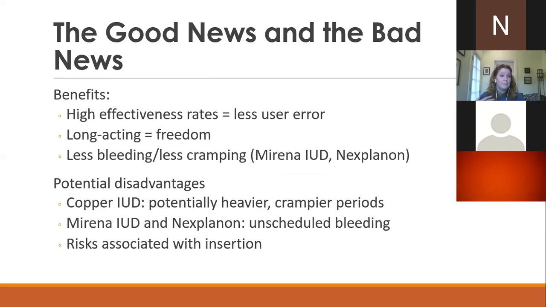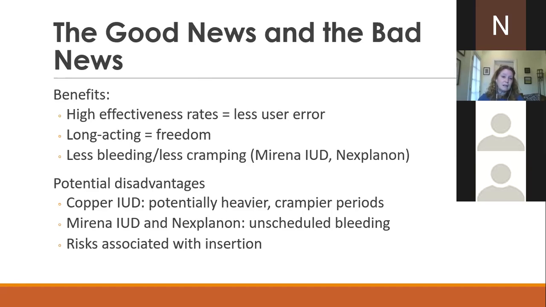So these have the highest effectiveness rates, so that's the good news. They're long-acting, so they're kind of liberating. You are not tied to thinking about your birth control method every single day. For the hormonal methods, there's less bleeding and less cramping. Potential downside is, for the copper IUD, heavier, crampier periods.